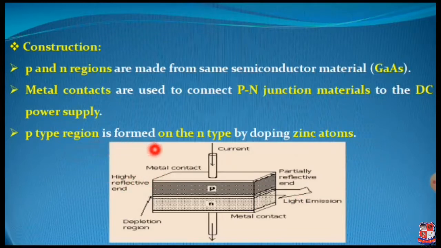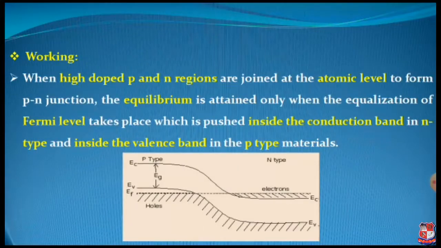The P-type region is formed on the N-type by doping zinc atoms, in order to improve the conductivity of the P-type region. Now we will see the working of the semiconductor laser.